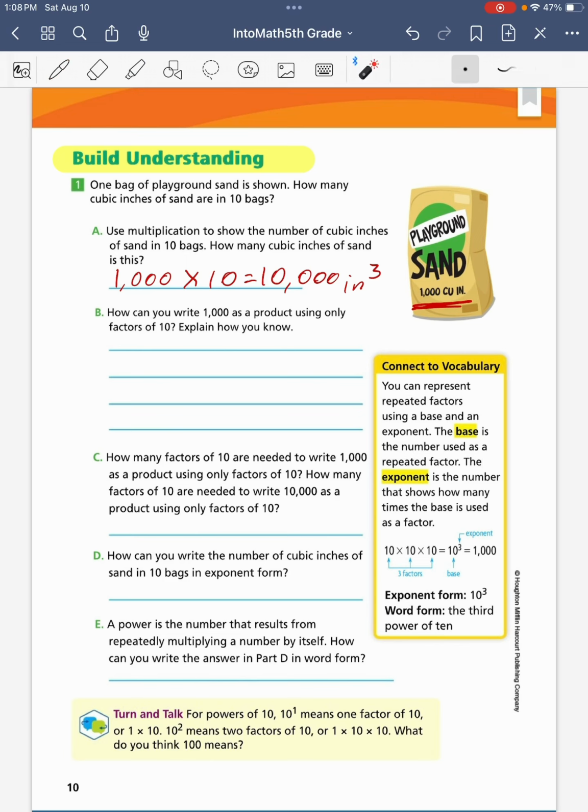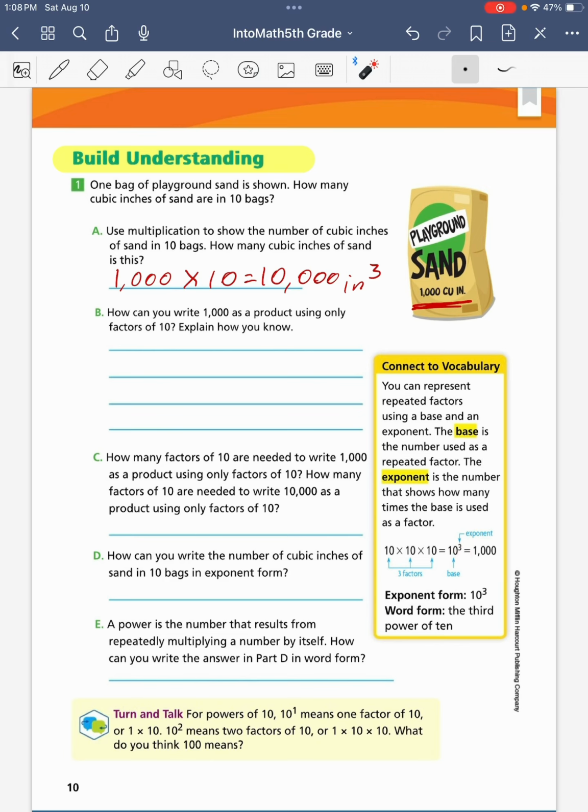Over here on our right in our vocabulary section, it says you can represent repeated factors using a base and an exponent. The base is the number used as a repeated factor. The exponent is the number that shows how many times the base is used as a factor. For instance, 10 times 10 times 10 is 3 factors of 10.